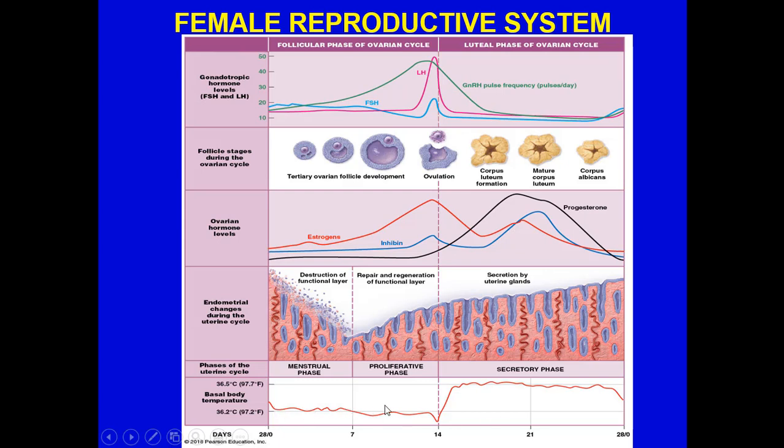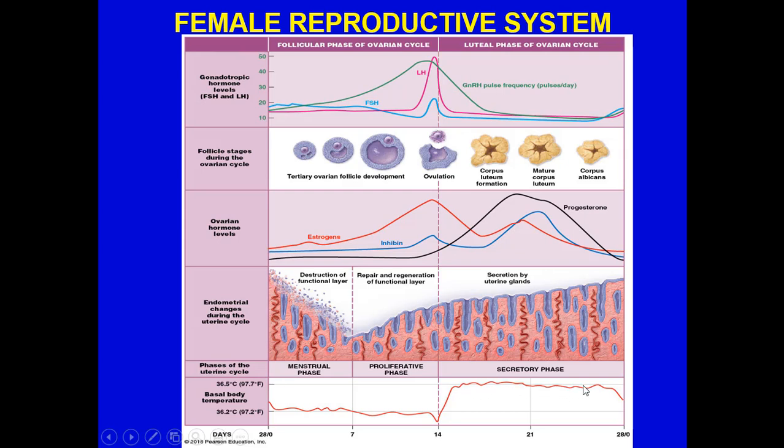Notice the basal body temperature just before you hit ovulation drops about 0.5 degree. You have a slight decrease here just at about the time of ovulation, and then just after ovulation you have this pickup, and the temperature difference is about 0.5 degrees Fahrenheit, okay?